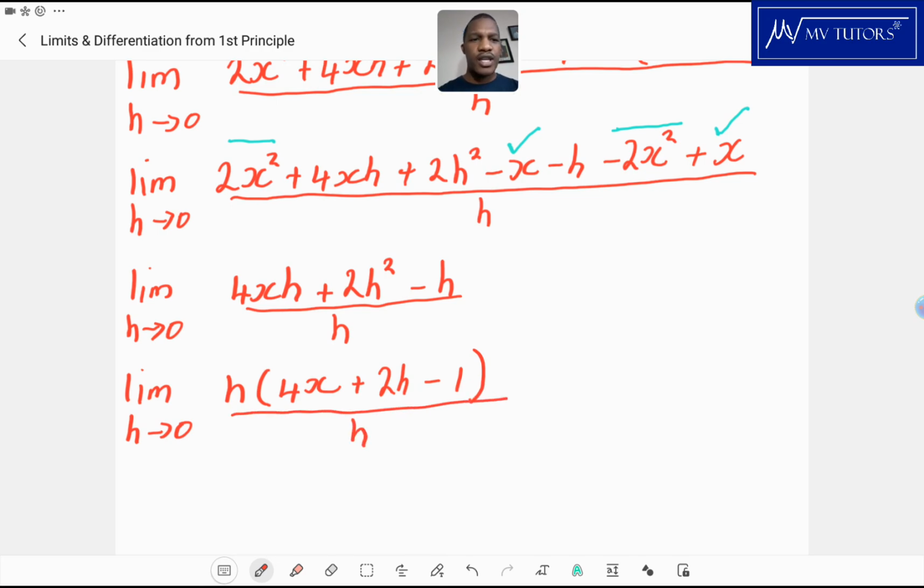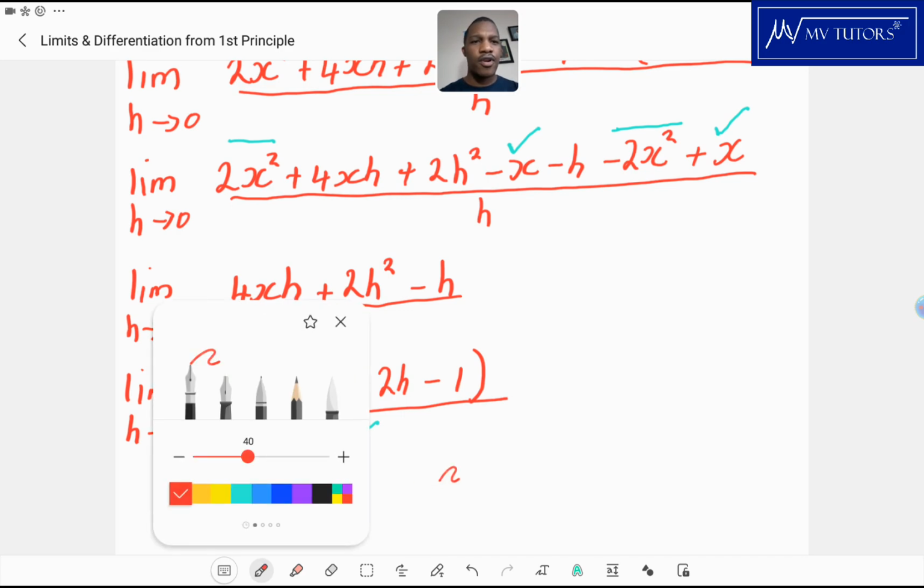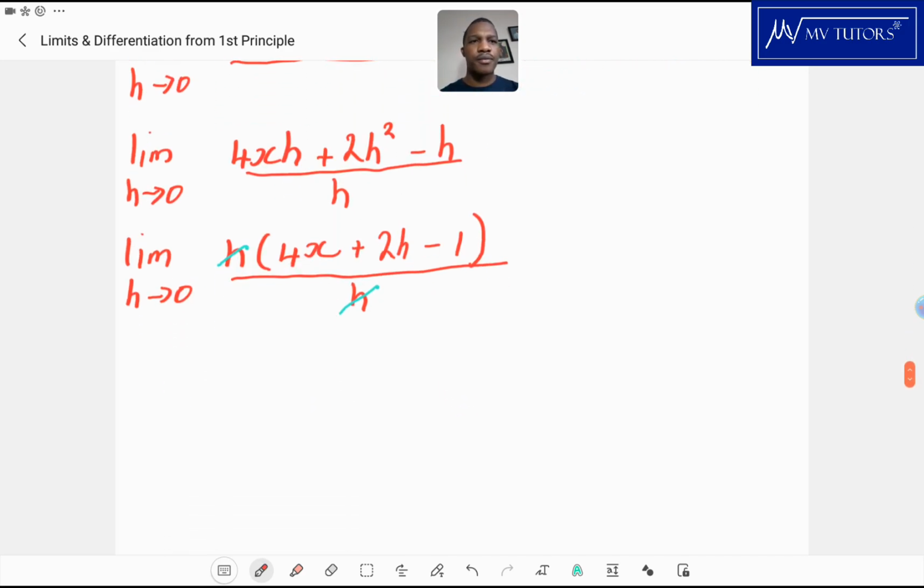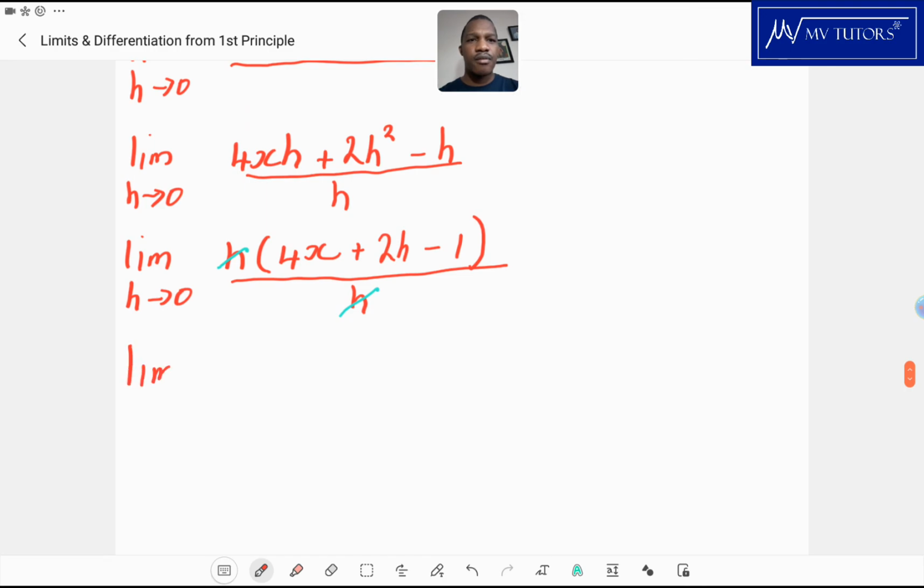Now, you can see clearly that the h's cancel each other, such that the equation you are left with is the limit as h tends to 0 of 4x plus 2h minus 1. So we've simplified that long equation into this equation.